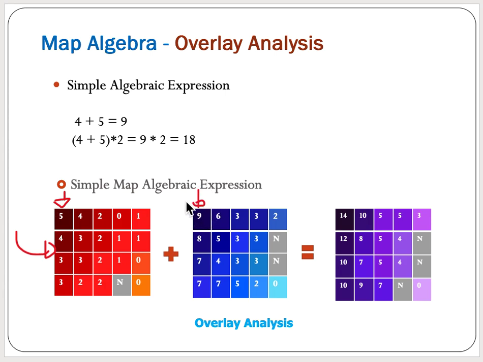And when you sum that up, your output shows that it is 14. So again, you could check that with all of the grid cells when it overlays on top of each other. When you sum up those grid cells, it equals that sum. So 4 plus 6 equals 10. So this is a simple algebraic expression.